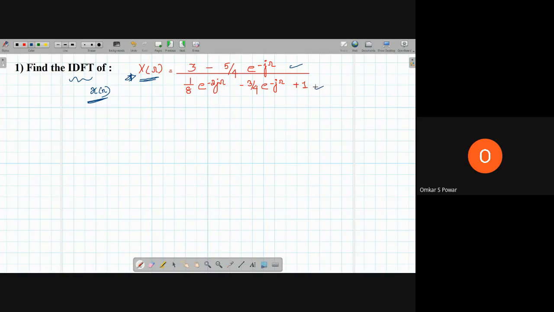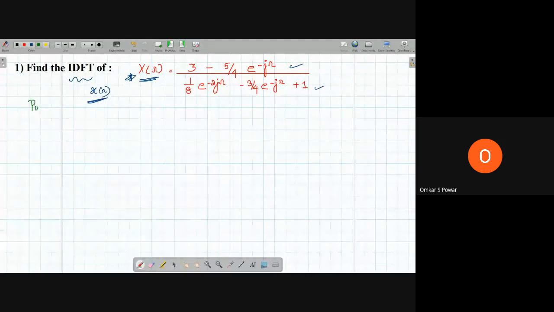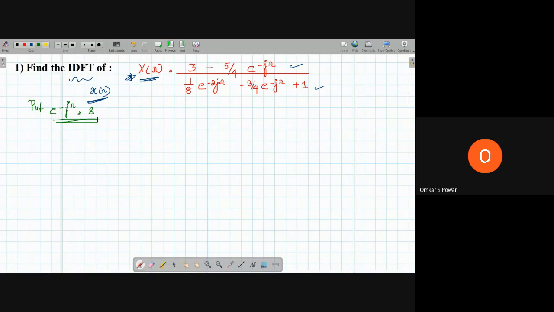So how do we have to proceed with this one? First I will tell you the step, then it will be easy for you. The first step is to put e power minus j omega equal to s. If you substitute this, everything will become easy.